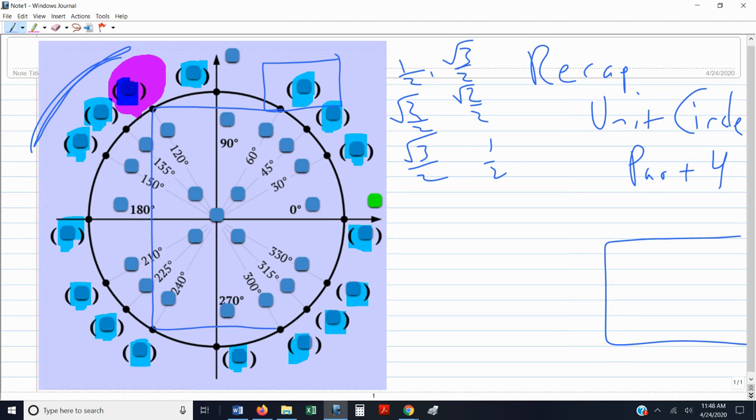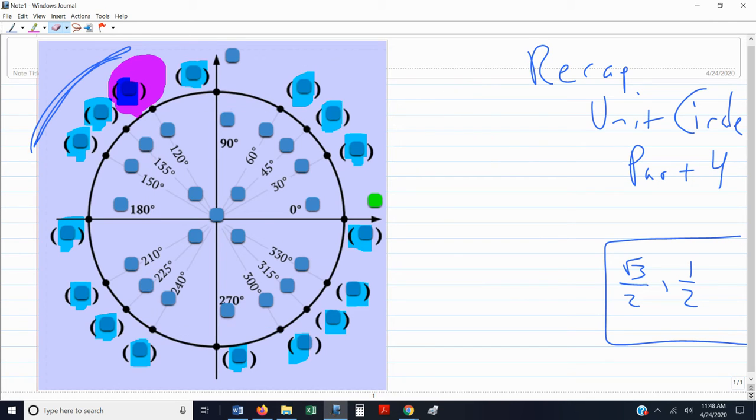So the next one, let's do root 3 over 2 comma 1/2. That one will pop up on the screen and you are trying to figure out where that is. Oh, sorry, I wanted that to be negative 1/2. You would initially try to figure out where that starts in quadrant 1. So the root 3 over 2 comma 1/2 in quadrant 1, where is that? Again, just think about that 1, 2, 3 trick. I think even with that 1, 2, 3 is enough to know that you're talking about that point.